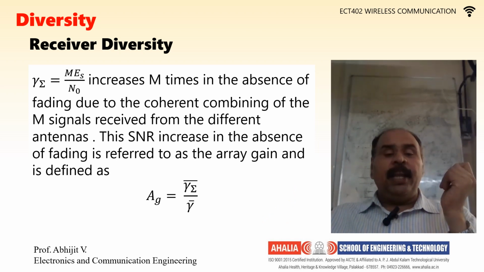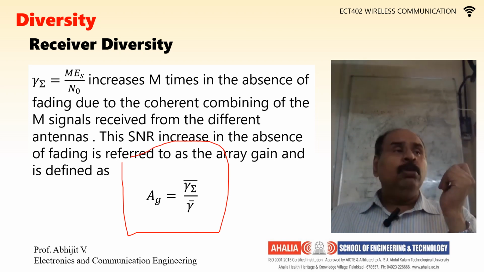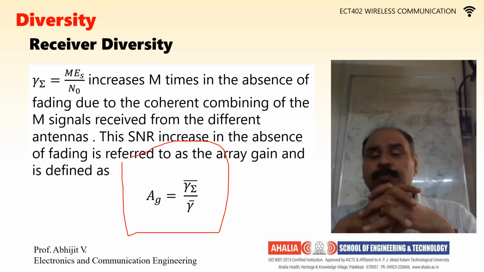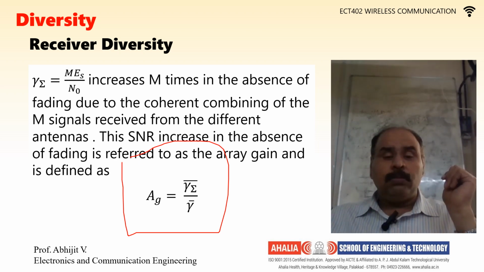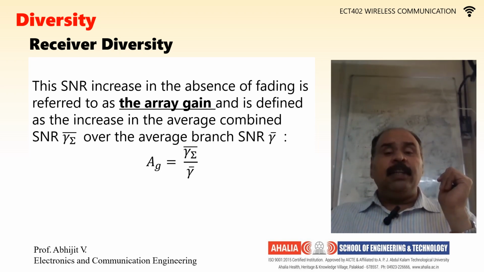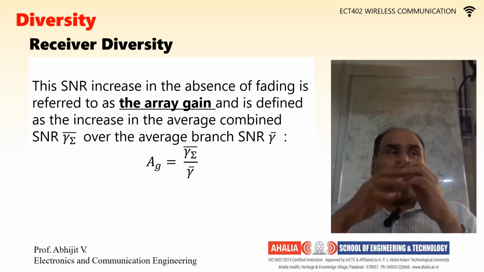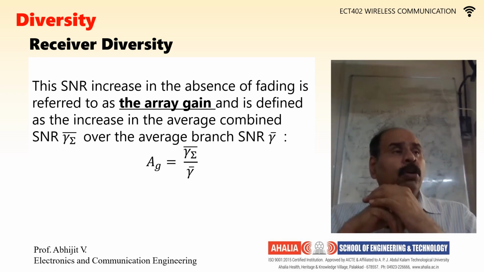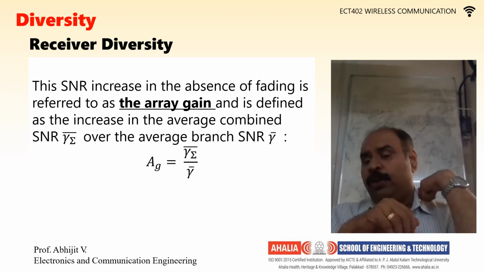So mathematically array gain is defined as AG is equal to gamma sigma by gamma average. This SNR increase in the absence of fading is referred to as the array gain and is defined as the increase in the average combined signal to noise ratio gamma sigma over the average branch signal to noise ratio.